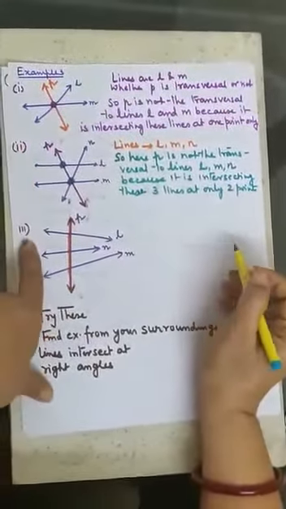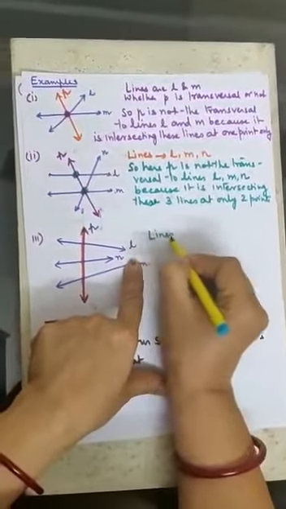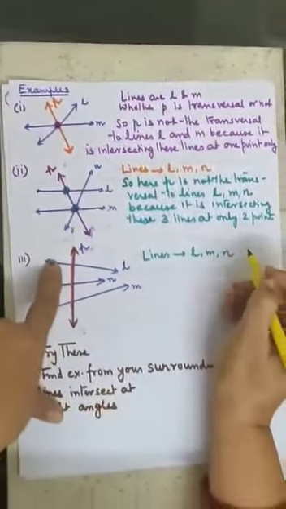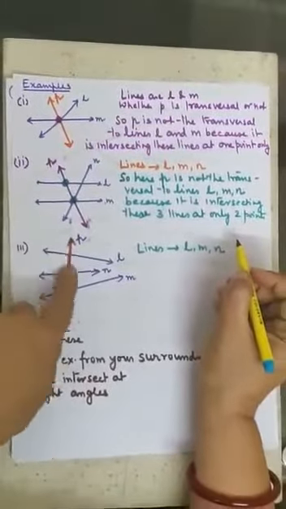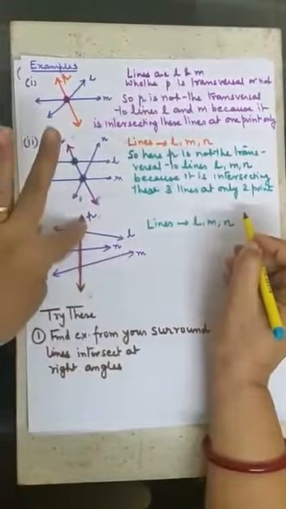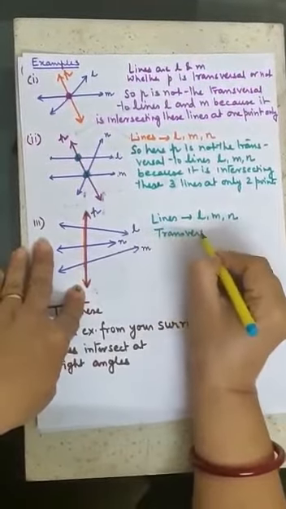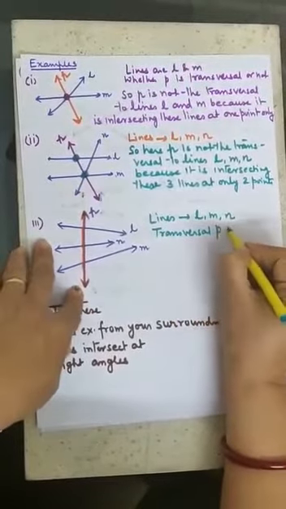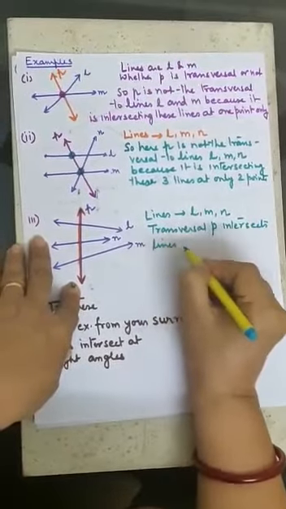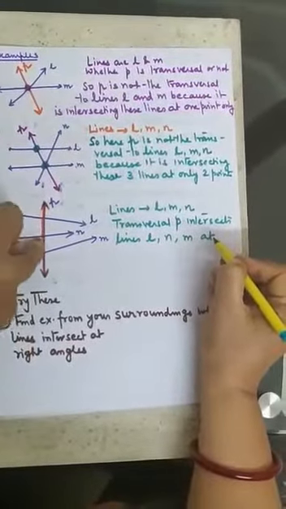Now coming to the third part, lines here are L, M and N. We have to find whether P is the transversal to lines L, M and N. So this transversal P intersects lines L, N and M at 3 distinct points.